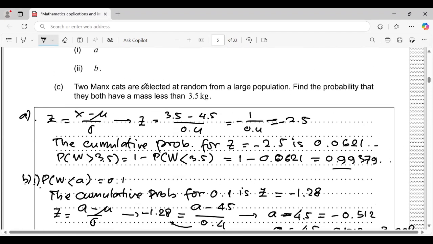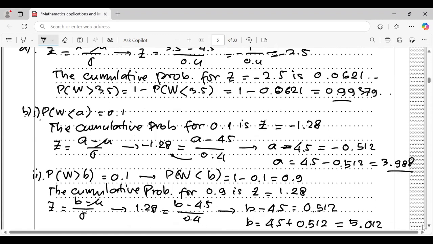Two cats are selected at random from a large population. Find the probability that they both have a mass less than 3.5 kg.